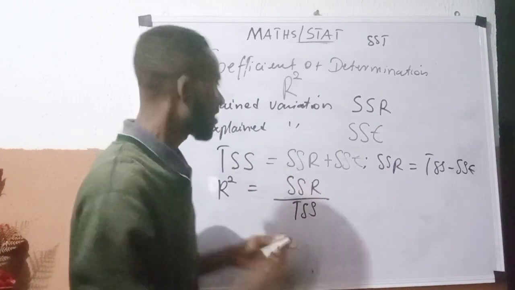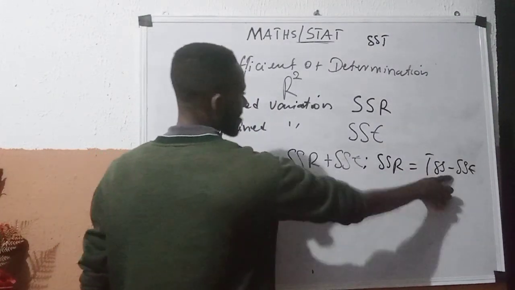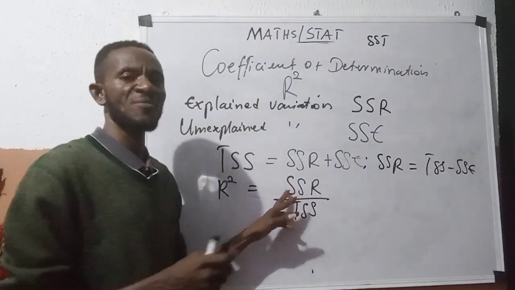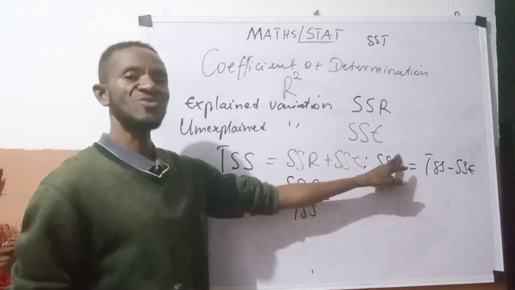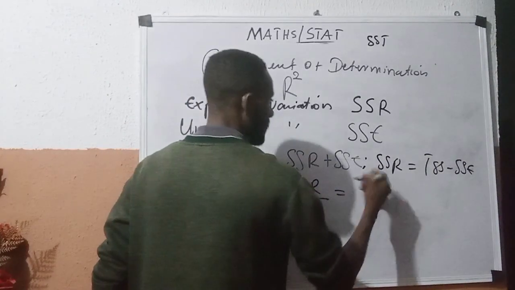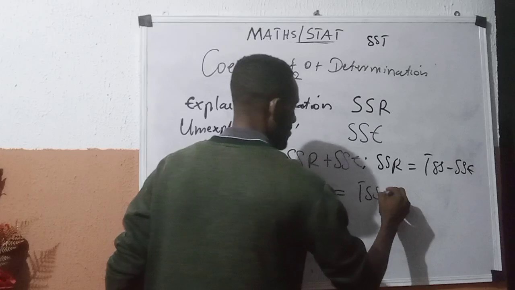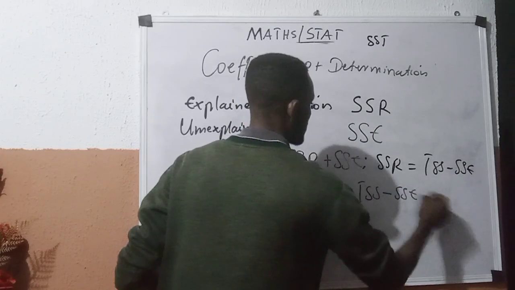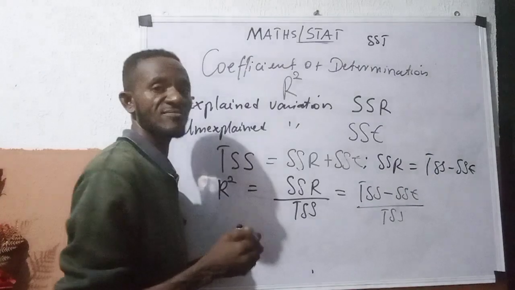So in that case, when I come here, I know that this is expressed as this. I can equally come here, in place of this SSR, I am going to put this. What I have becomes: in place of SSR, it becomes TSS minus SSE, all over TSS.